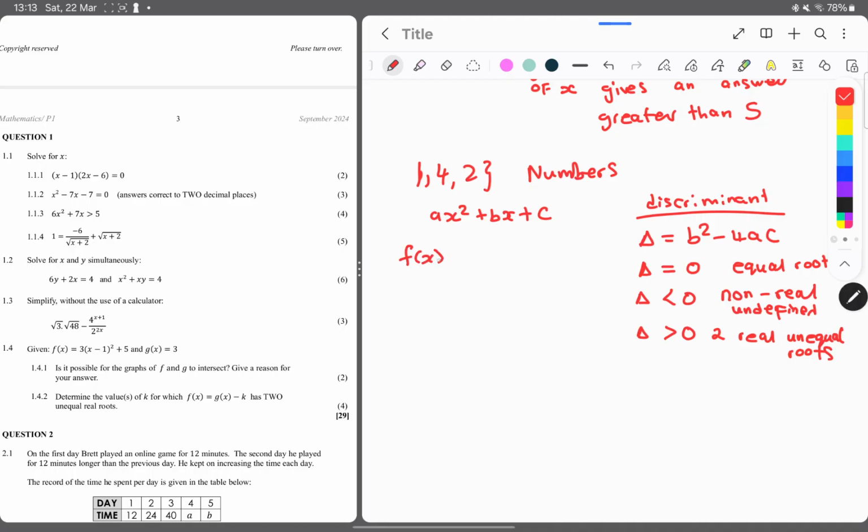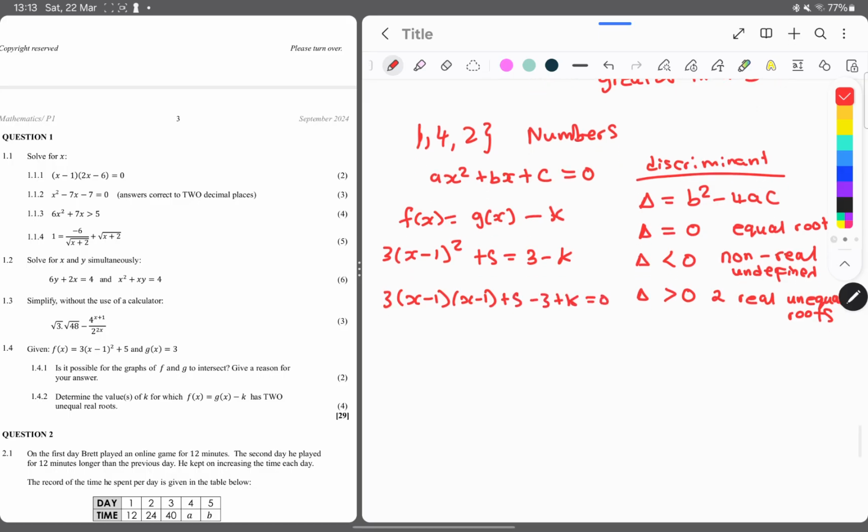To close this, we need to find our delta from the equation we're given. We're given f(x) equals g(x) minus k, so it's 3(x minus 1) squared plus 5 equals 3 minus k. We must rewrite this in standard form. We get 3(x minus 1) squared plus 5 minus 3 plus k equals 0.